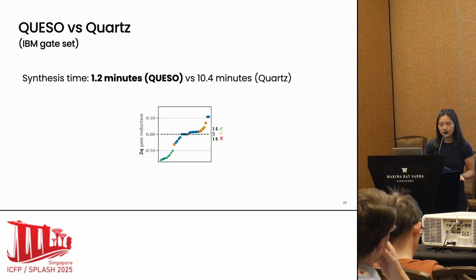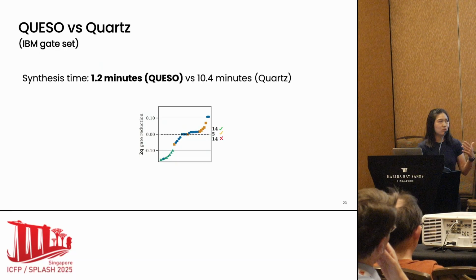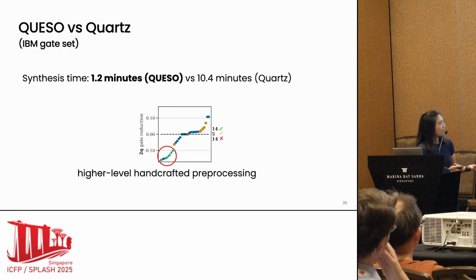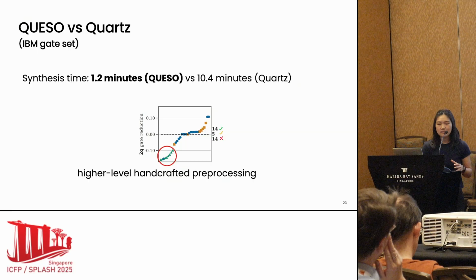And then secondly, when we compare them head to head, we're about the same. And I'd like to point out that this class of circuits that we're not doing as well on, it's because they're applying some handcrafted preprocessing that's at a higher level of abstraction than the rules that we're synthesizing. And that's going to come back in future work.